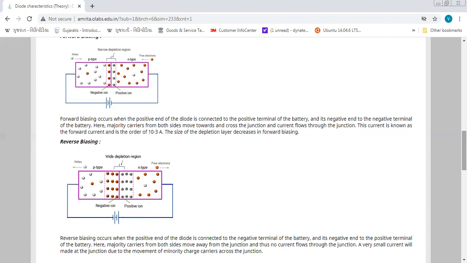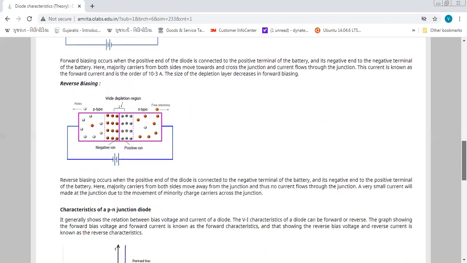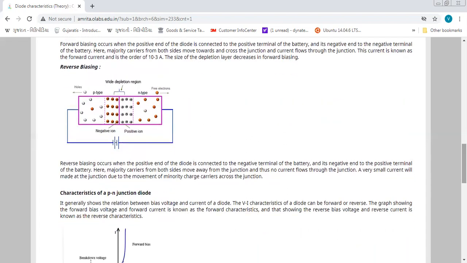In forward bias, majority carriers from both sides move towards each other and cross the junction, and current flows through the junction. Also, in this type of biasing, the size of the depletion layer decreases, while in reverse biasing, majority carriers from both sides move away from each other and no current flows through the junction.